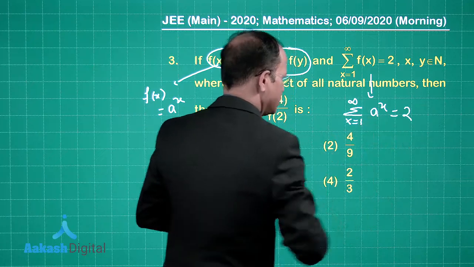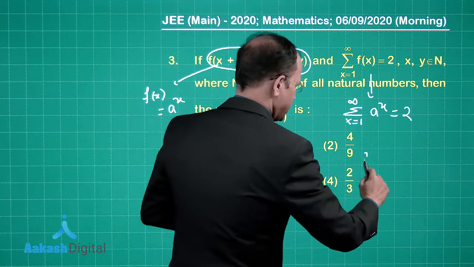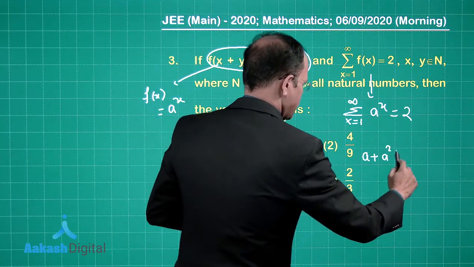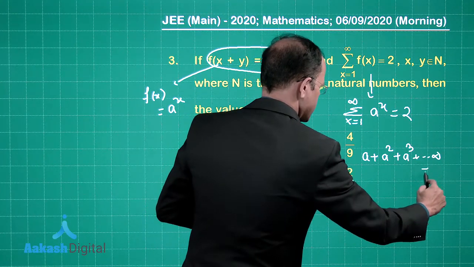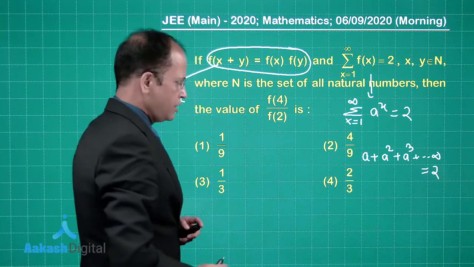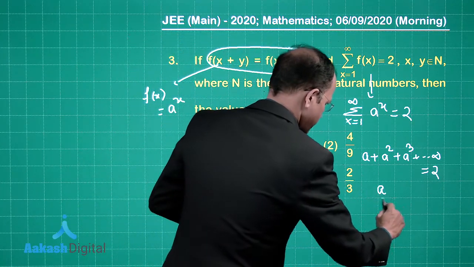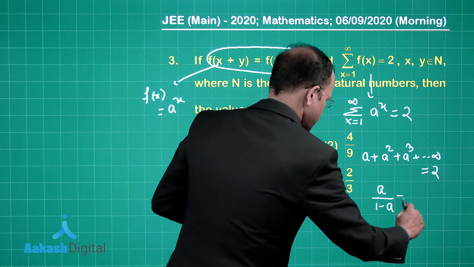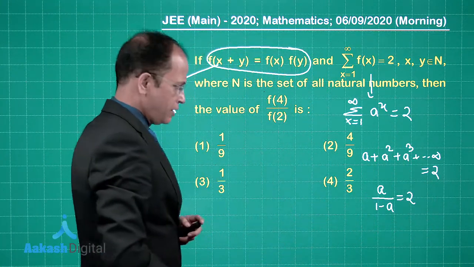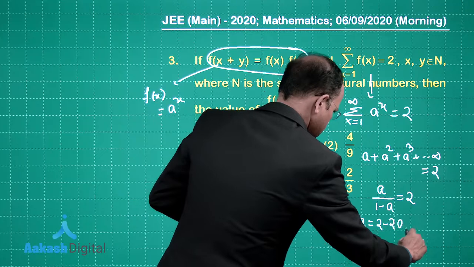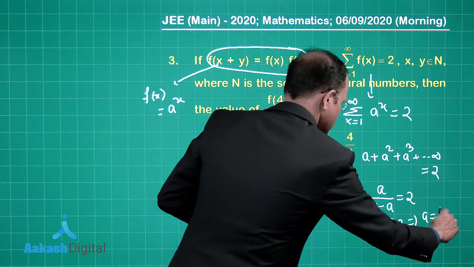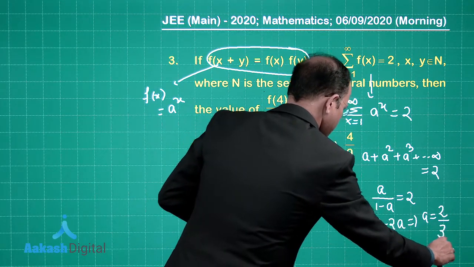This is a plus a square plus a cube up to infinity, which is equal to 2. And this is a upon 1 minus a, which is equal to 2. So a is 2 minus 2a, so a comes out to be 2 upon 3.